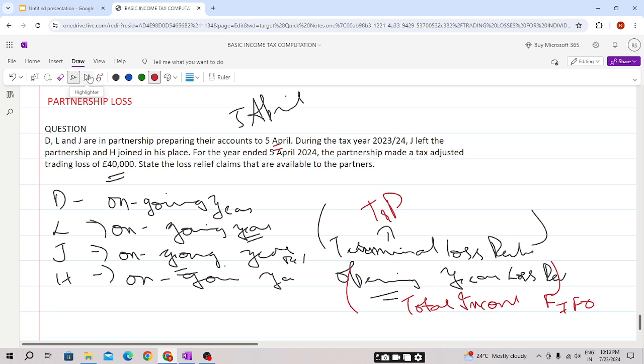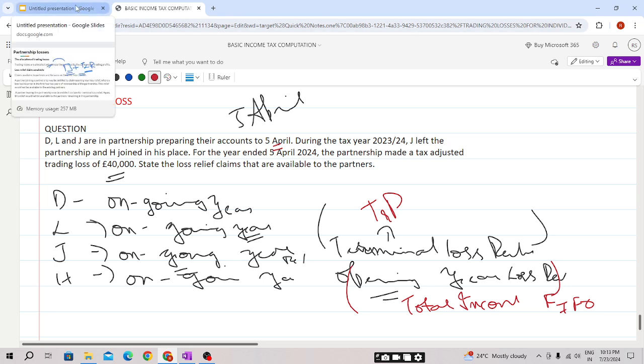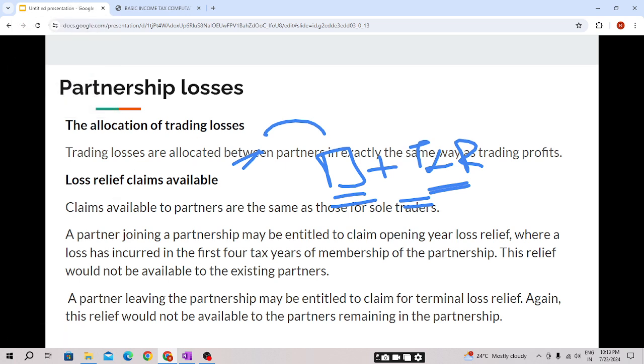I hope students, by solving this question, we are good to go with the partnership loss also. The same types of relief will be available, but if we are starting a new trade, the opening year loss relief will be available. If a partner is leaving, terminal loss will be available to that partner only, not to other partners. If a partner is joining, opening year relief and ongoing relief apply to that partner.